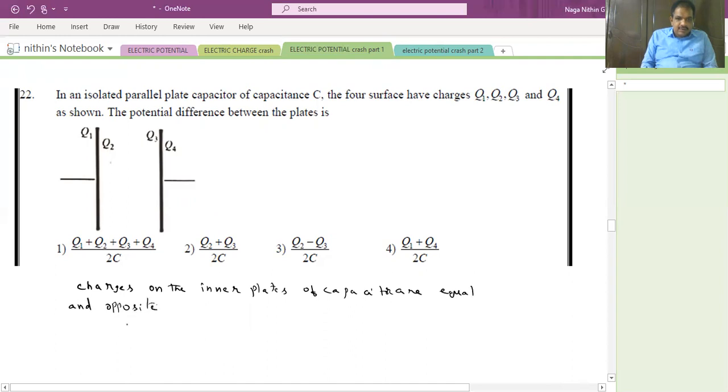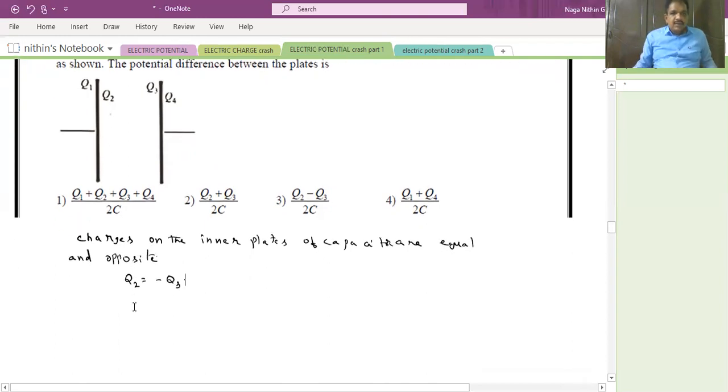So what we will get here is Q2 is equal to minus Q3. Now, here both charges will be same only. That is the concept.